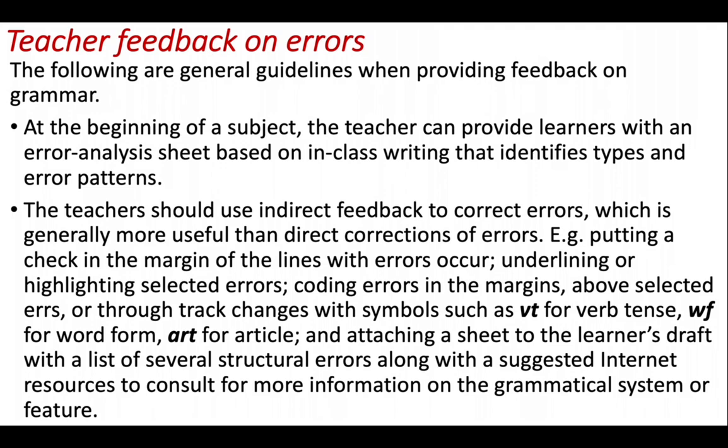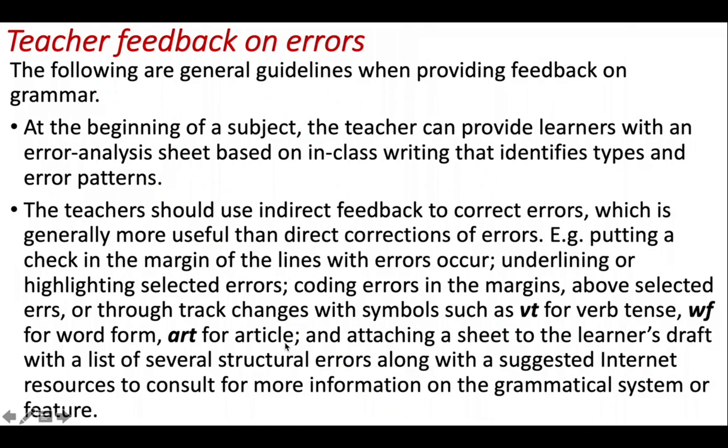Then when you do that, they get to think about the mistake, do research if it's necessary to find out how to write it correctly, and hopefully they will learn from that process. Here we have other examples of the codes that you can use. VT stands for verb tense, WF stands for word form, ART stands for article.